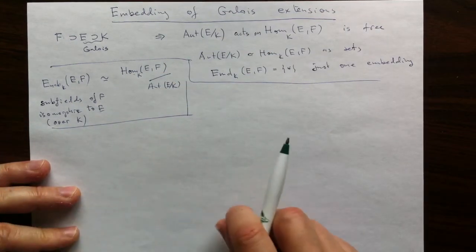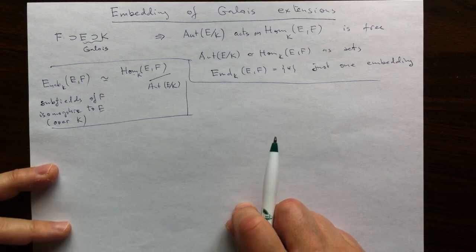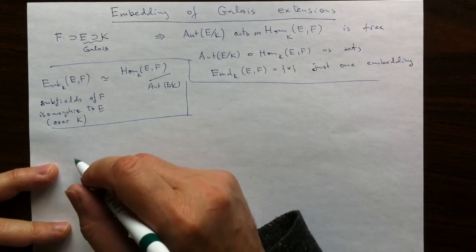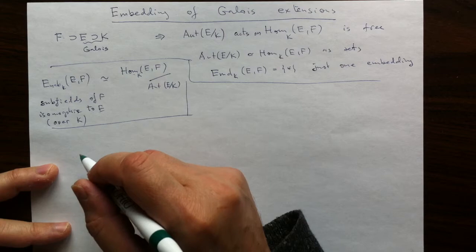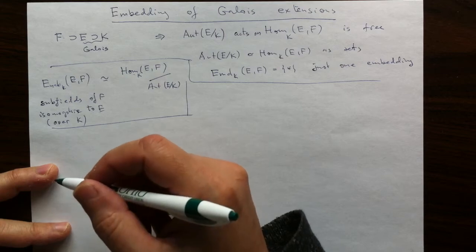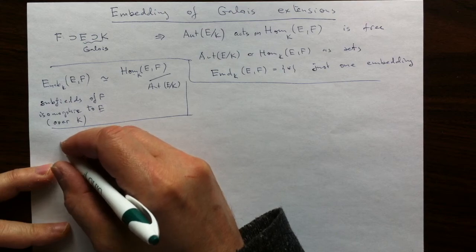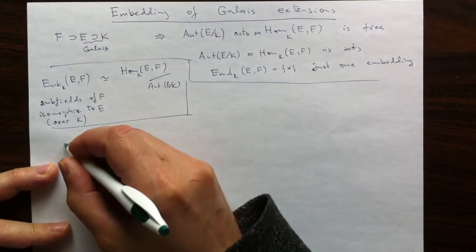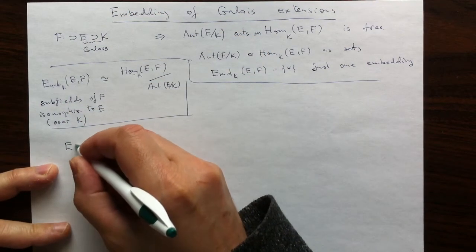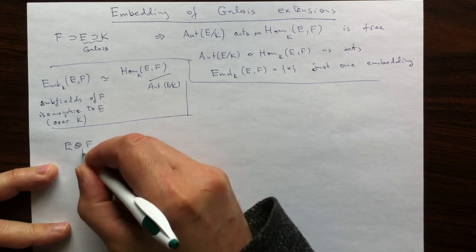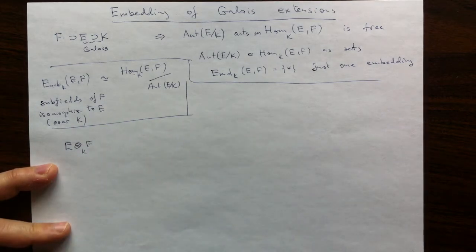Here is the argument. The argument will be very similar to this characterization of Galois extensions via tensor squares of them over the base. So I will be looking now at the tensor product of E and F over the base. So in general, what can I say about it?